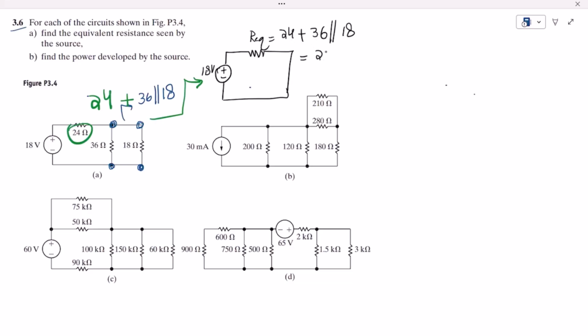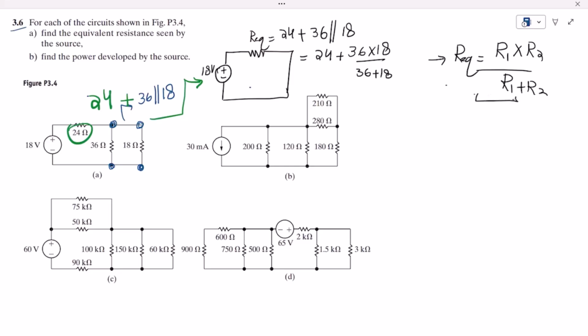For a parallel combination, if R1 and R2 are in parallel, the formula is R1 times R2 over R1 plus R2. This is derived from 1 over R equivalent equals 1 over R1 plus 1 over R2 if the two resistors are connected in parallel.